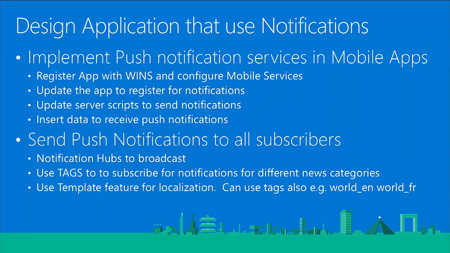Again, for mobile apps, you can use notification hubs to implement push notifications. What this does is that the native SDK will actually manage registering the app with the Windows notification service and configuring mobile apps based upon that. It's going to update the app, so now you'll register for notification. Any server scripts where you want to send notifications, it'll send it to the same hub, and your device will receive that notification.